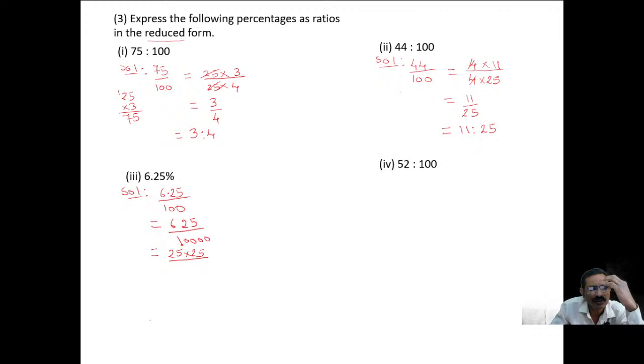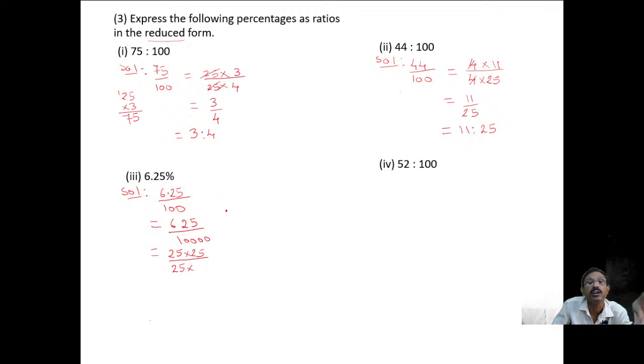Right? Then what about this? I have to use 25 here. Now 25 multiplied by which number will give me this 10,000? I told you to take the biggest number.